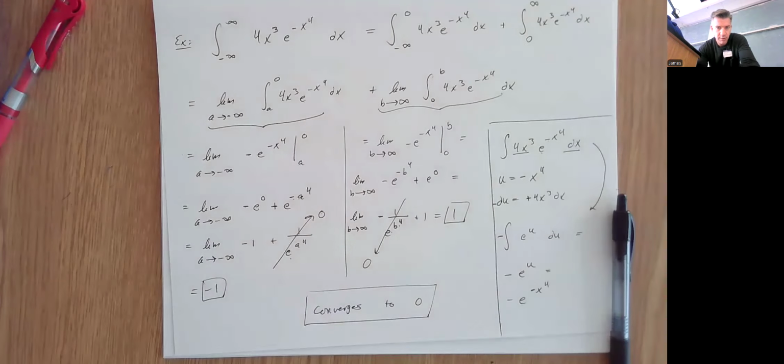If we graph y equal to 4x cubed times e to the negative x to the fourth, you can definitely see it's a very odd function, and the area under the right side is going to cancel out the area under the left or above the left side, whatever you want to call it.